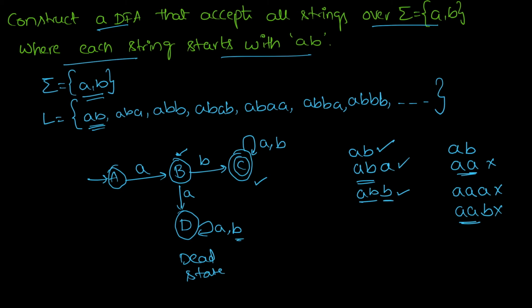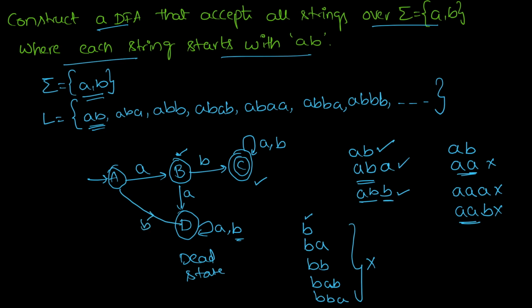What if a string is starting with symbol B? Such strings starting with B, which are B, BA, BB, BAB, BBA, all these strings are to be rejected, which are not in the language. So from state A, if we see the symbol B, we need to reject the string right away.